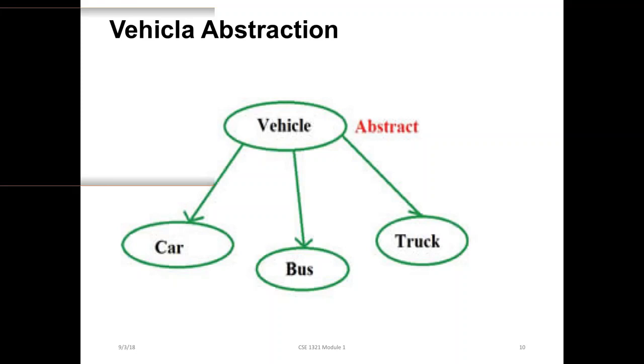So in general, fruit is an abstract concept, and a mango is a concrete object of that concept, right? So in our daily life, we use abstraction a lot.